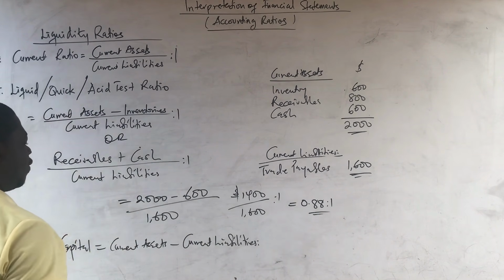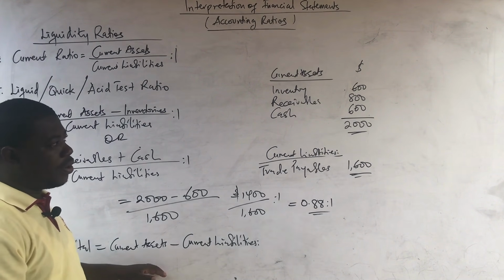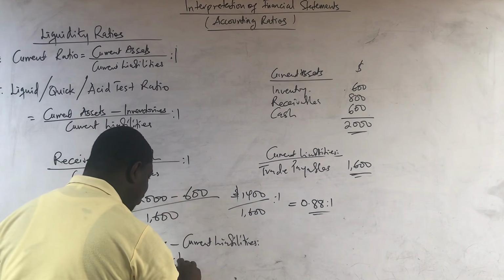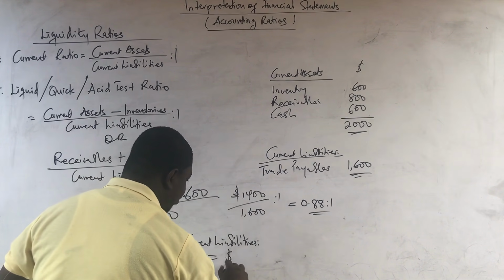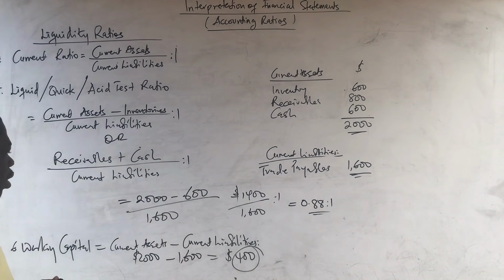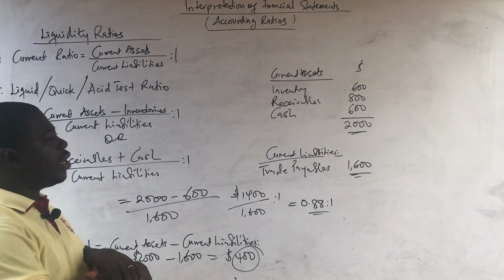And that is very absolute. So it's going to be $2,000 minus $1,600, which is going to give us a working capital of $400. This is very absolute. So normally you are not required to do that. So this is all about the liquidity ratios.